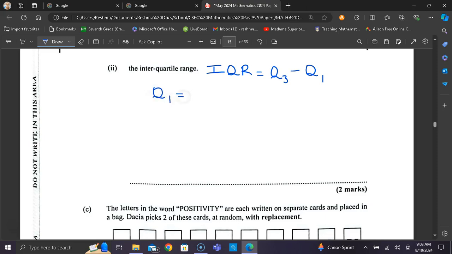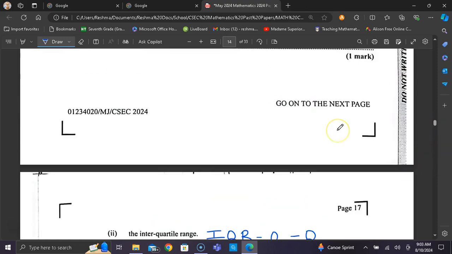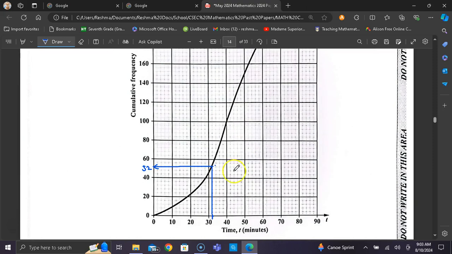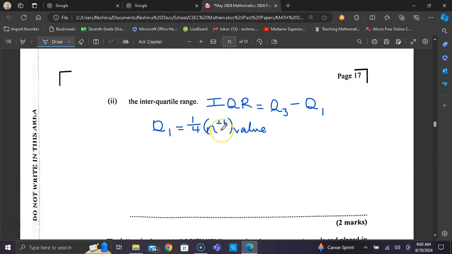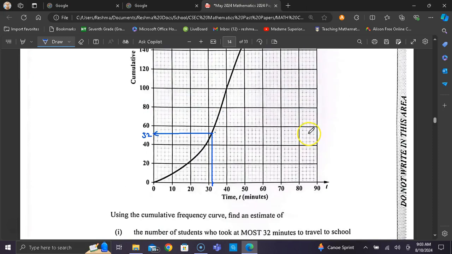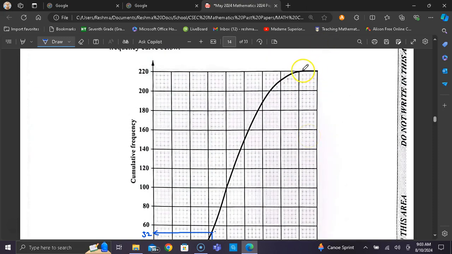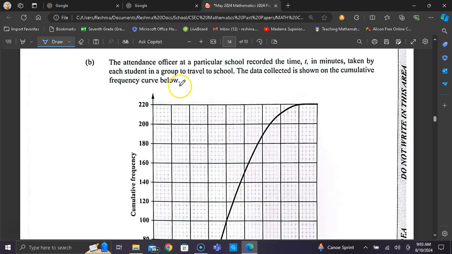So Q1 is a quarter of the nth value. Notice I don't use the +1 in this case because since we're dealing with cumulative frequency, it doesn't matter if I add the 1 to n in this case, because the values will be approximately the same, right? Because n in this case, our total frequency, we have 220 students in all.